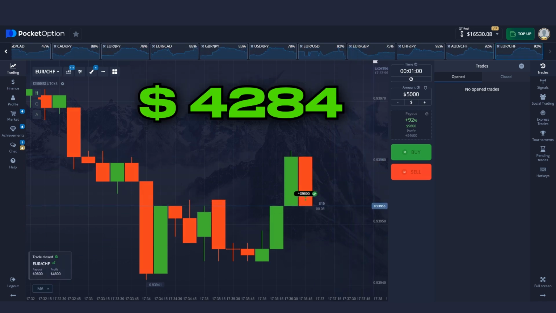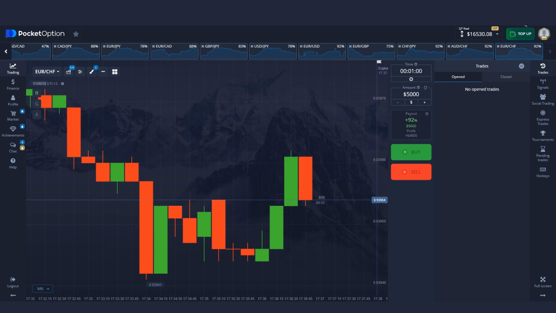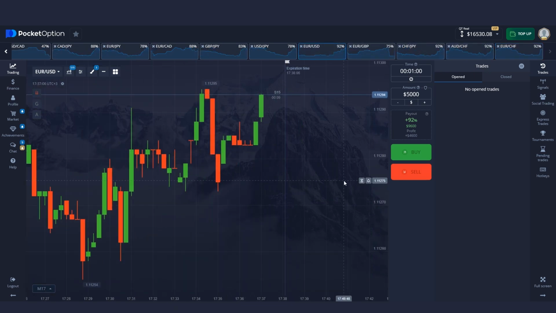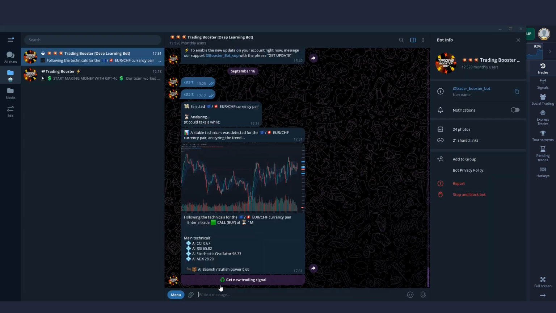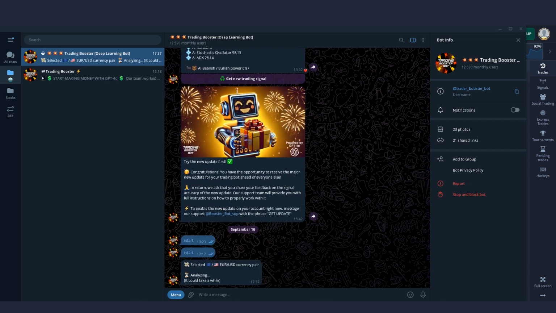A great deal brings me $4,600 and already $16,000 on my balance. The next deal I want to open on the euro dollar, quite a risky deal. But let's try together with BoosterBot to make money on this currency pair.